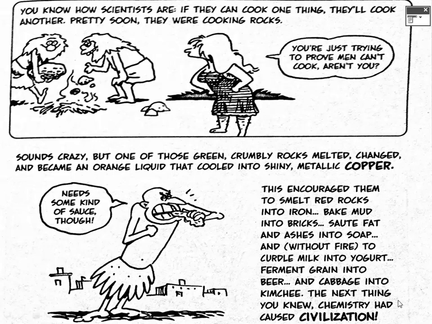This cartoon is just a diagram showing how way back when people would take these rocks, or as we called them earlier, ores, heat them up, and they made copper metal or other metals, and that's essentially how we became a society. And there's also tons of other things that we figured out, and that chemistry helped us become what it is today.